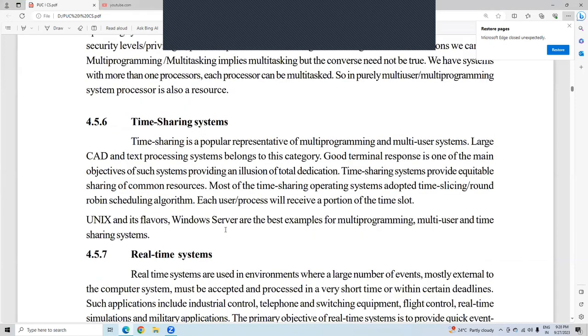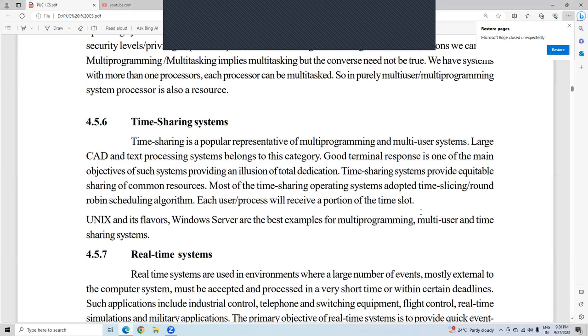Time sharing is a popular representative of multi-programming and multi-user systems. Large CAD and text processing systems belong to this category. Good terminal response is one of the main objectives of such systems, providing an illusion of total dedication.